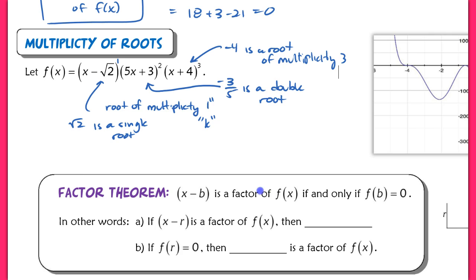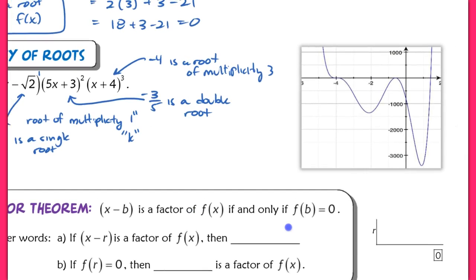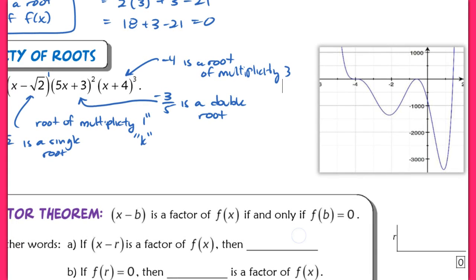Now, graphically, just to tie in some stuff that we've done before, I'm going to try to fit both of these things here on the page. Taking a look at our first factor, x minus root 2, the square root of 2 is the root, right? And at the square root of 2, which is this intersection here, where it crosses the x-axis, you're going to see that it looks like a line because this is to the first power.